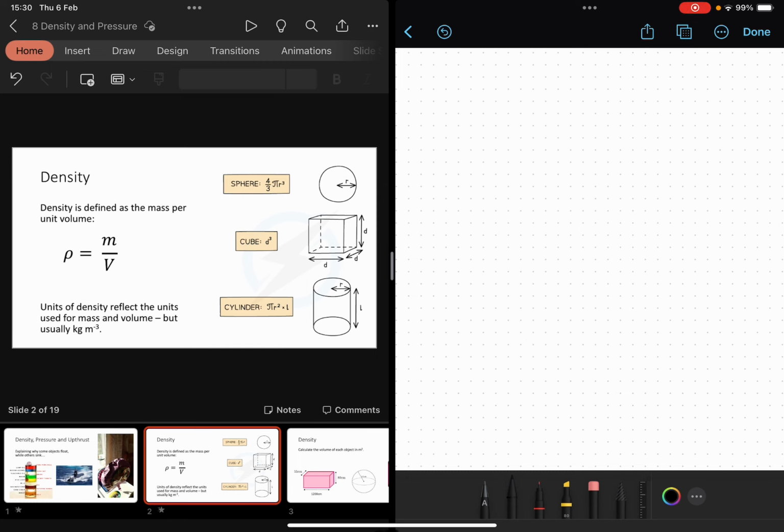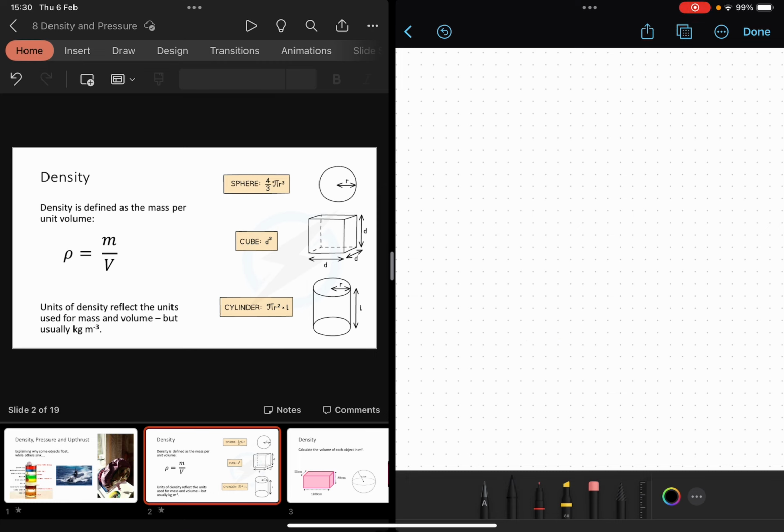Just a quick note on converting units then, because often we are required to work in kilograms and metres cubed. So let's talk about converting volume. If we've got something where all of the dimensions are in centimetres, we've got to convert those into metres.